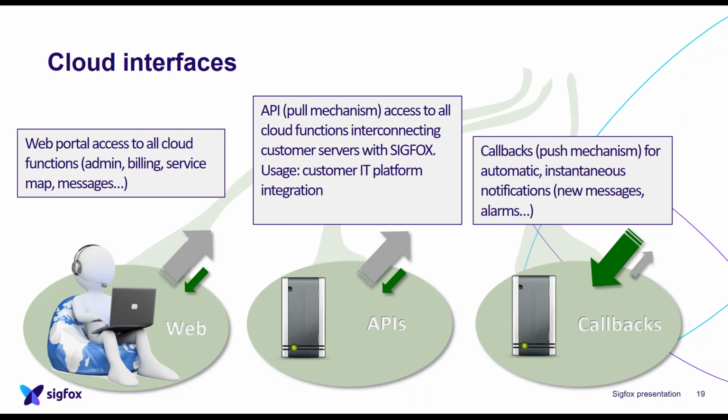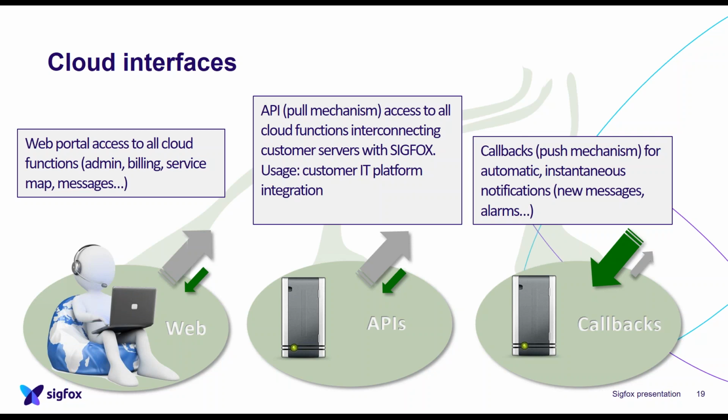The first one, described here, is the web portal interface with the GUI that will allow you to access any cloud function depending on your privilege. So it might be only devices, messages, but also service map, billings, and so on.